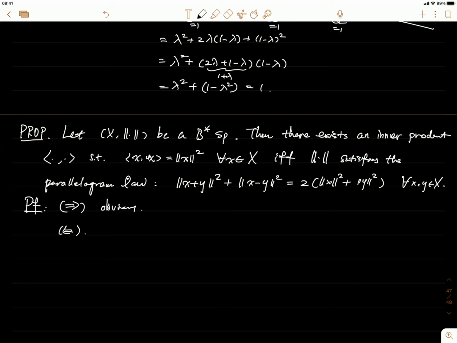There's only one way to get the inner product, which we define this way. I say there are two possible cases. If it's a real Banach space, then you can define your inner product to be this. It's minus y squared. And if it's a complex Banach space, then you need to define the inner product to be that instead.